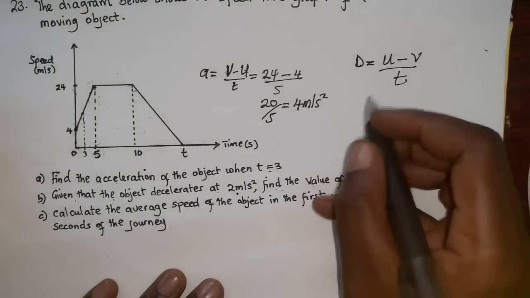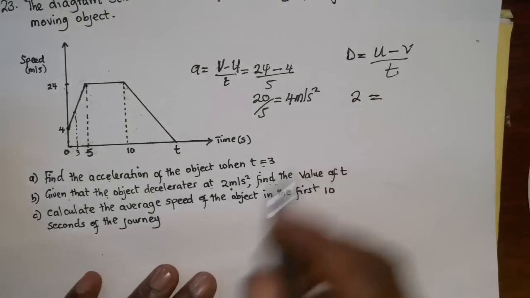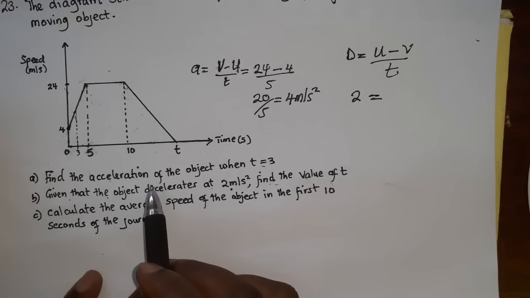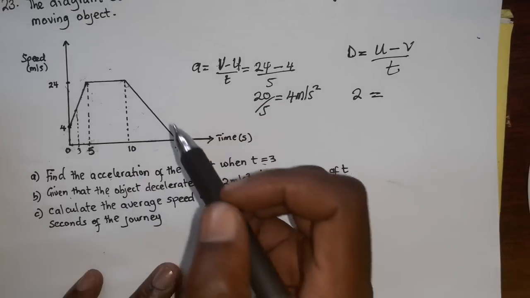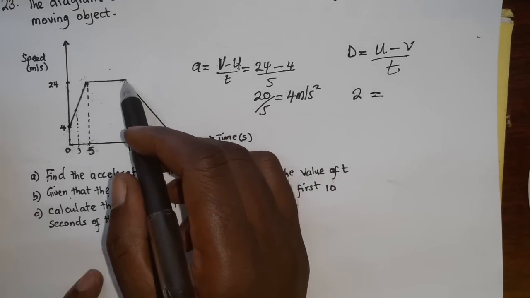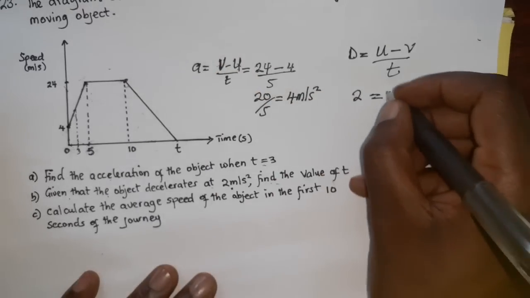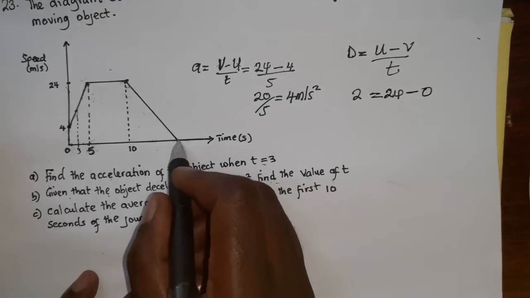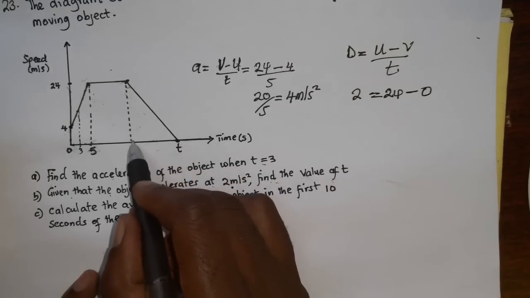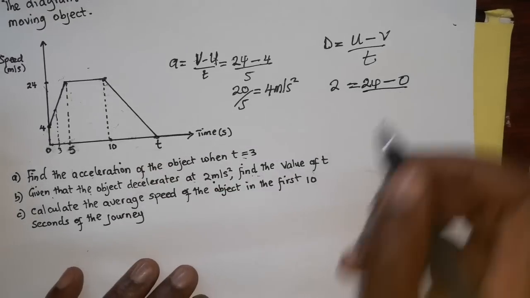So, deceleration here has been given as 2. Then the time, the initial starts from here, which is 24, up to 0, which is this point. Then the time that was taken from this point to this point, how do we account for it?